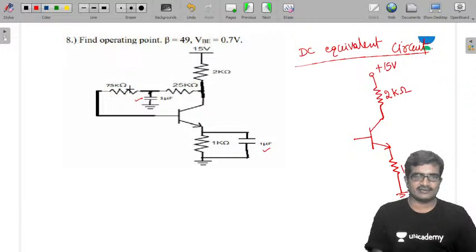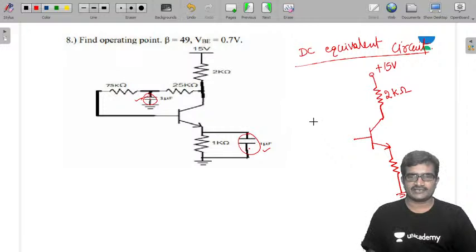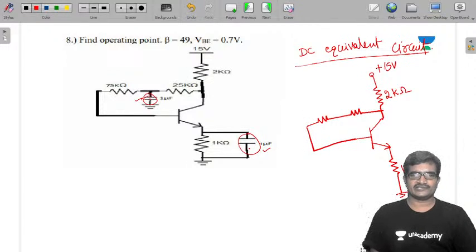This capacitor is also open circuited. By open circuiting that, it became like this. So this is 75 kilo ohms, and this is 25 kilo ohms.